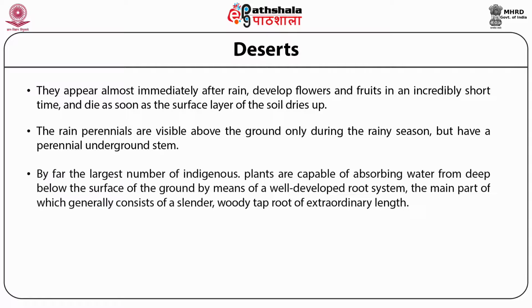By far the largest number of indigenous plants are capable of absorbing water from deep below the surface of the ground by means of a well-developed root system, the main part of which generally consists of a slender, woody taproot of extraordinary length. The animals are also adapted according to desert conditions.